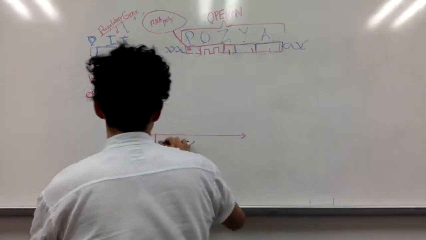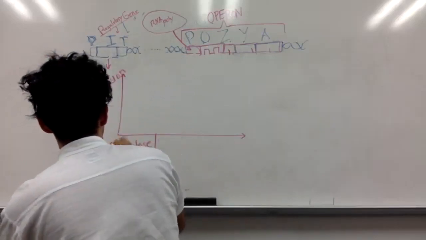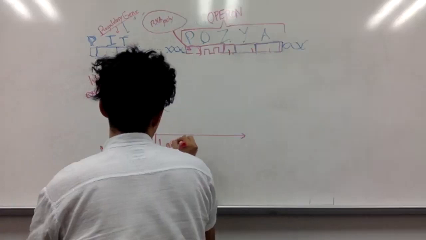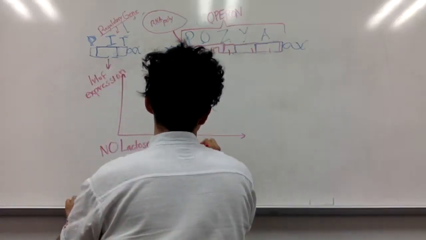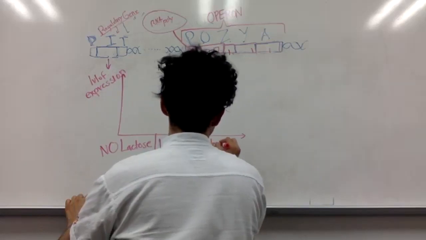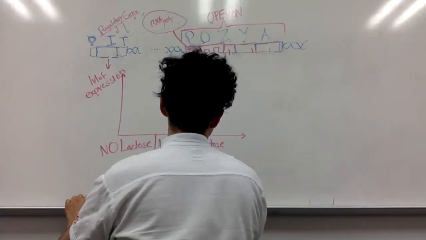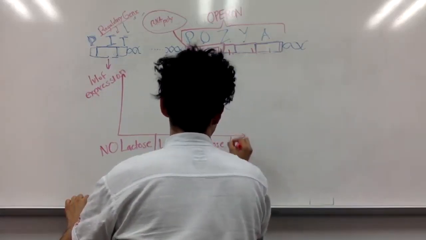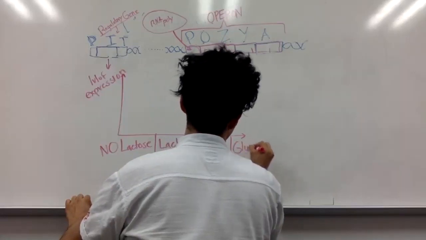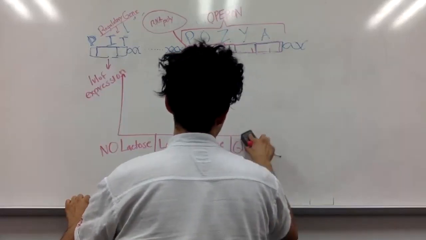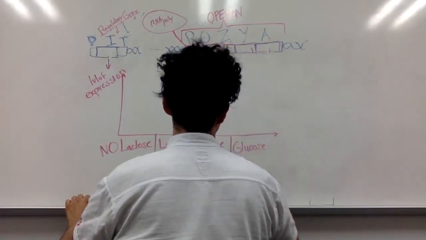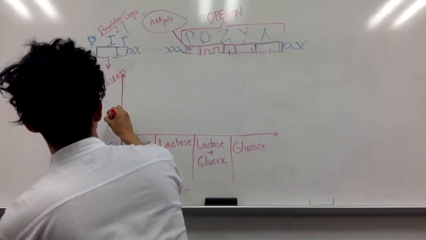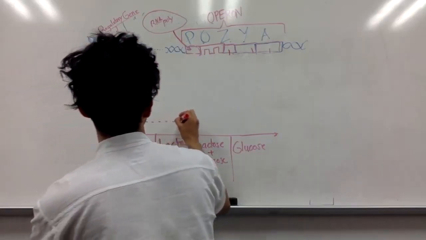Maybe I should start with that. No lactose. Lactose. Lactose and glucose. And then also just glucose. And then this will be what we consider basal.